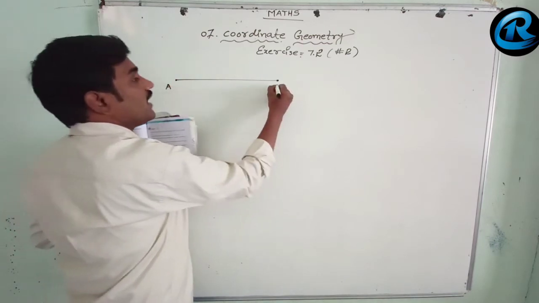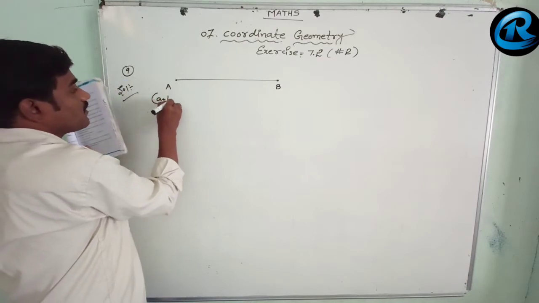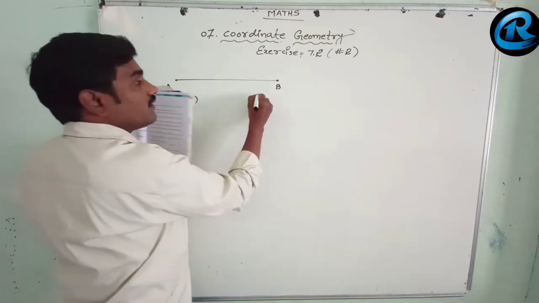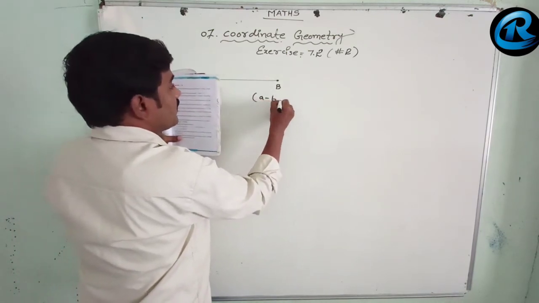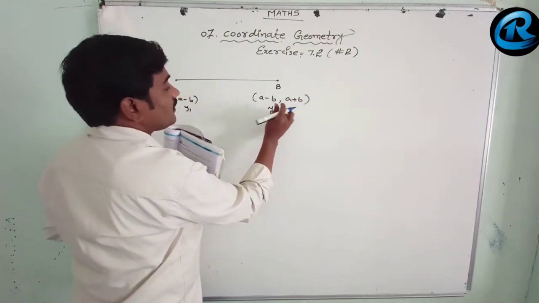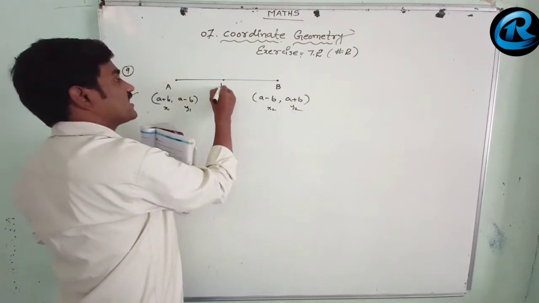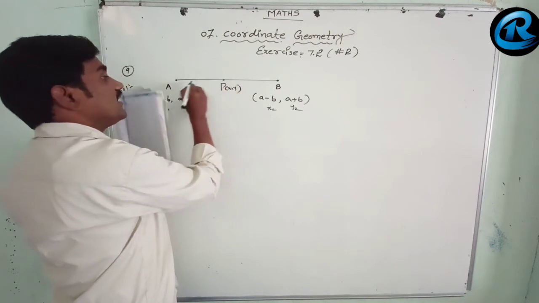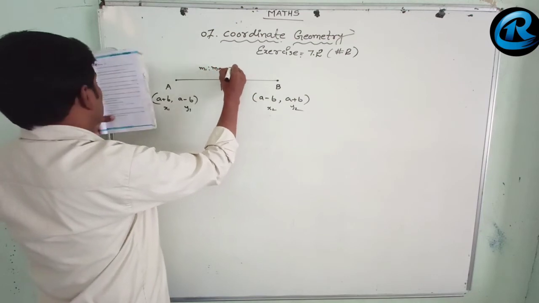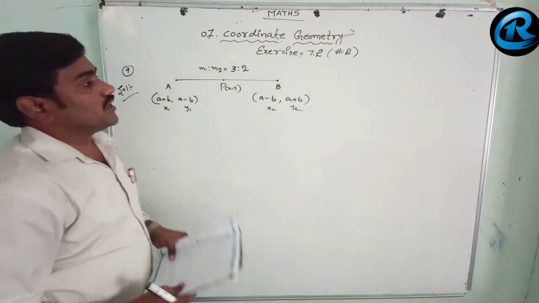This is point A, where A is a plus b, comma a minus b, that is x1, y1, and here B is a minus b, comma a plus b, that is x2 and y2. P x comma y we need to find, where it is divided internally in the ratio m1 is to m2 equal to 3:2.